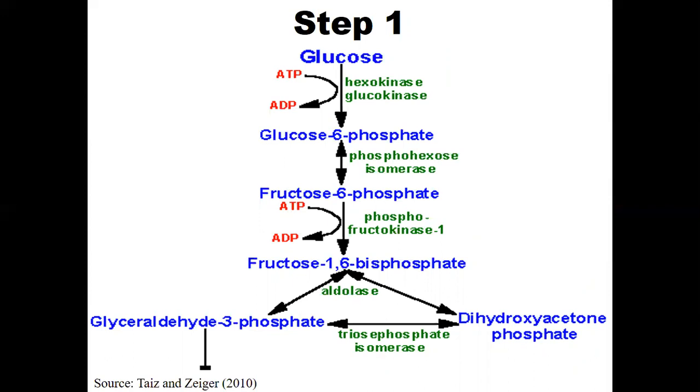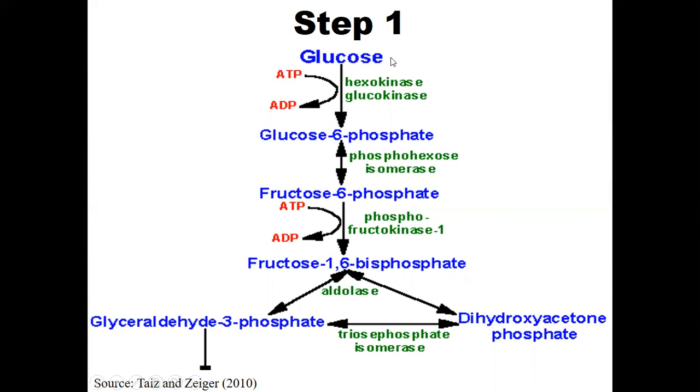The glycolytic pathway involves 10 steps. The first 4 steps are the energy use-up steps of the glycolytic pathway. Now, this glucose comes from the breaking down of sucrose into glucose and fructose.